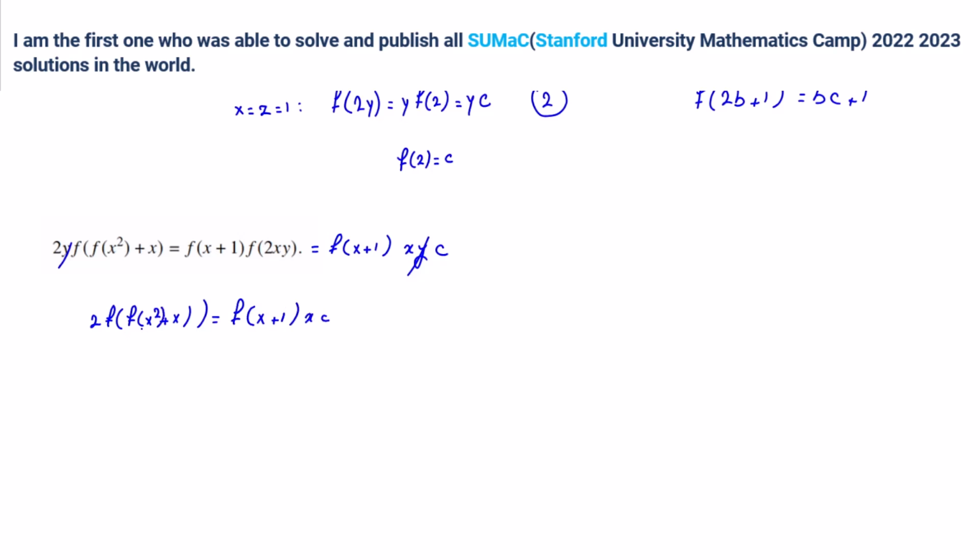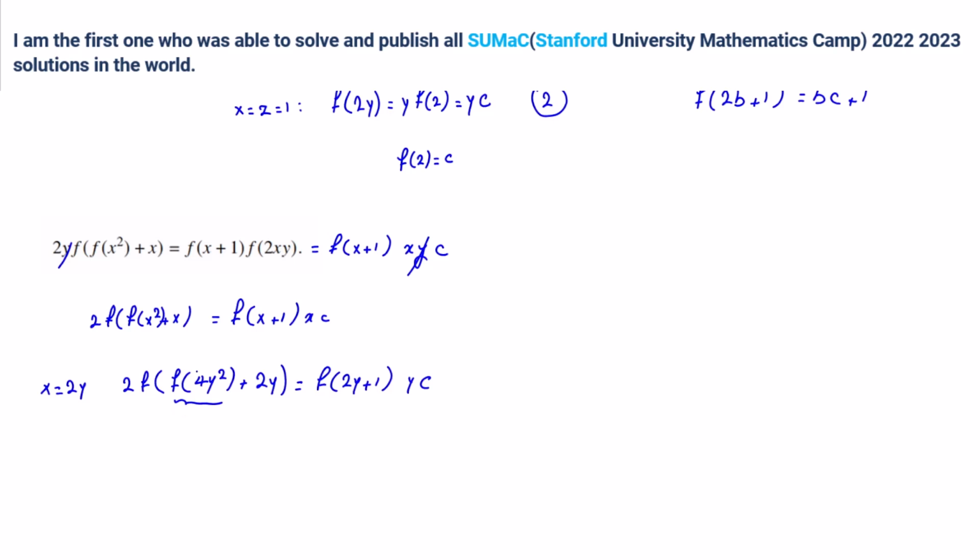Now if we consider x as 2y, for example, then 2f of 4y squared plus 2y is equal to f of 2y plus 1 times yc.